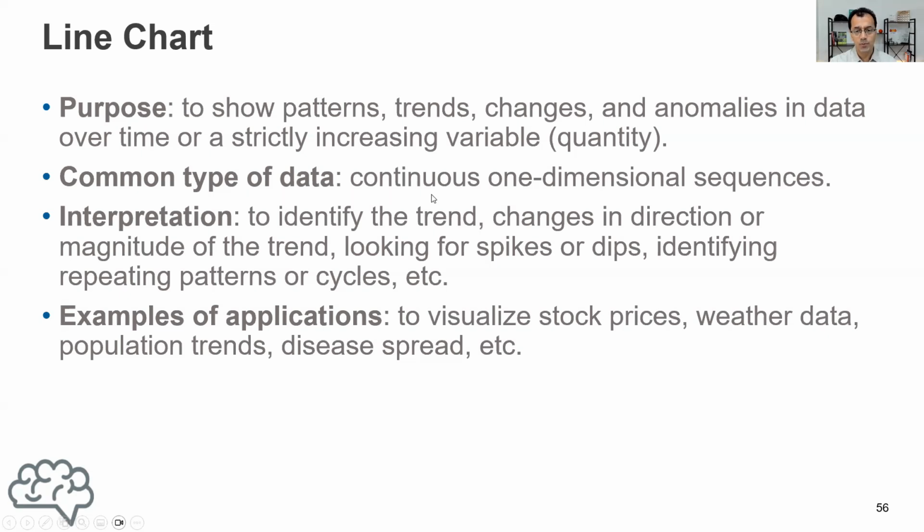The common type of data is continuous one-dimensional sequences, and the interpretation is the identification of trends, changes in direction or magnitude of the trend, and we can look for spikes, we can look for dips, we can look for repeating patterns, for example, seasonalities or cycles. All this type of information we can find using a line chart.